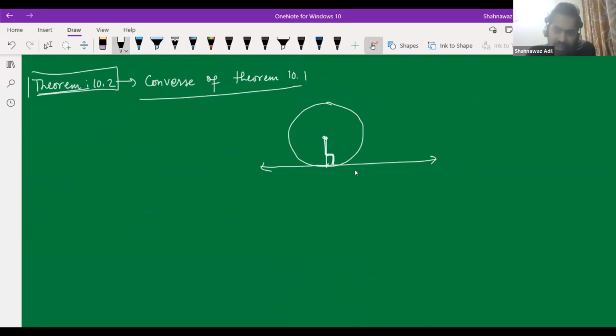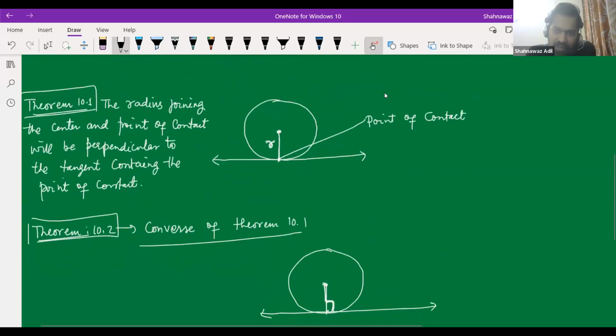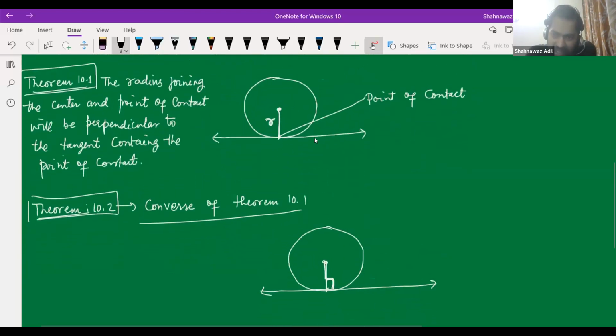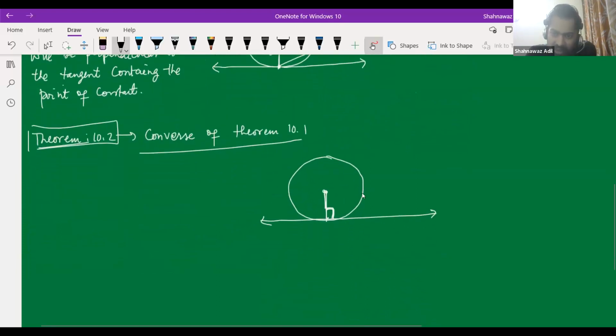The first theorem talks about the tangent and radius, which will be perpendicular. In the second theorem, it is already given that it is perpendicular. So if this line is perpendicular to this radius, then this would be a tangent.